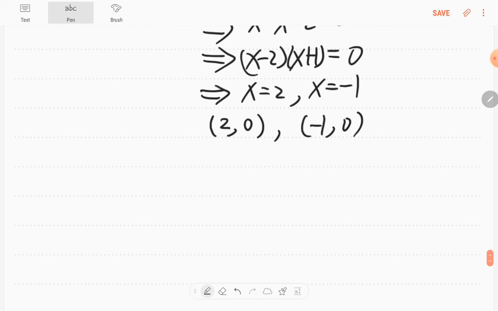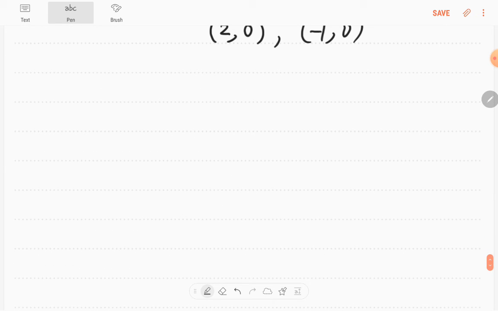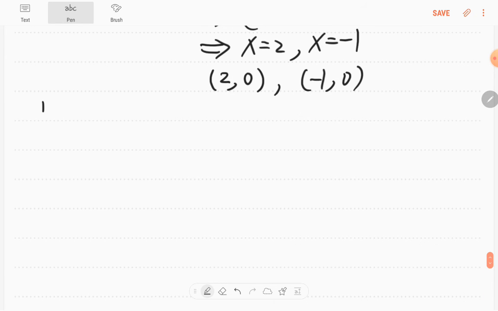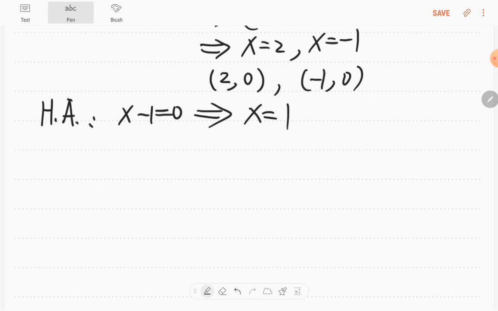So now let's try to sketch the graph. Vertical asymptote: make the denominator 0, so x minus 1 equals 0, so x equals 1. I made a mistake, this is the vertical asymptote.